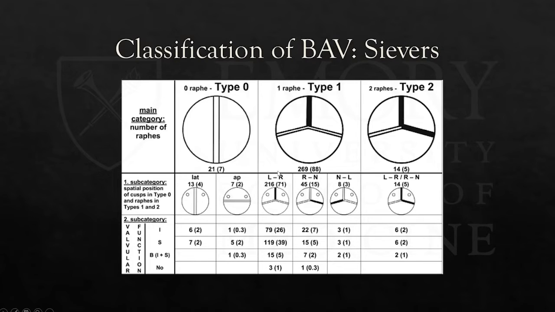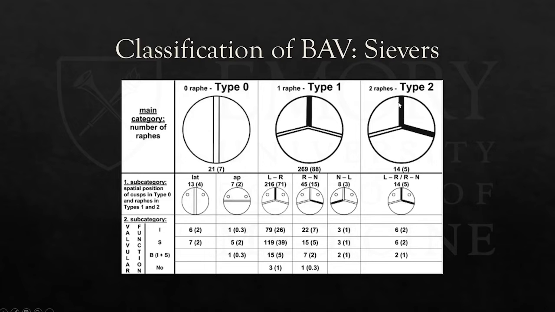We think about 1A as a left-right fusion, and it is by far the most common bicuspid aortic valve pathology that we see in our clinic and in the operating room. It makes up about 70% of bicuspid aortic valves. Then non-right fusion, which is fusion of this leaflet edge, is second most common, and then the non-left fusion.